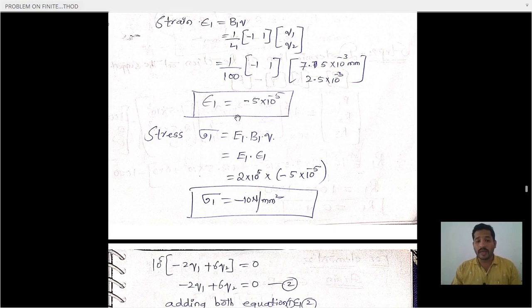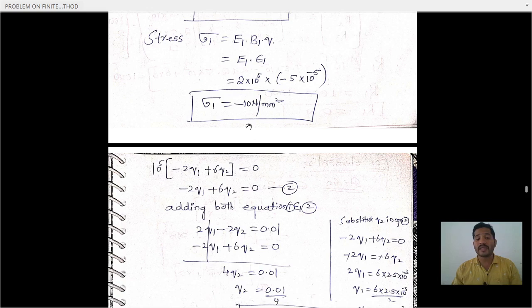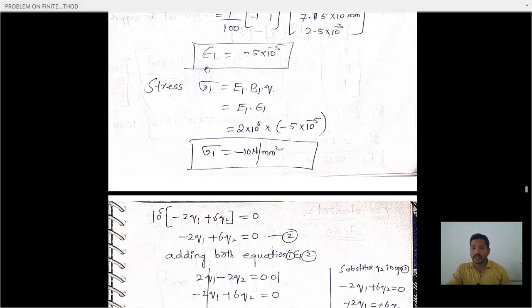Modulus of elasticity, or Young's modulus value, is already given as 2 into 10 power 5 for the mild steel, into E1, which is minus 5 into 10 power of minus 5. If you multiply these terms, you will get the value of minus 10 Newton per mm square for the first stress. Okay, so in this case we found the stress for the first element.